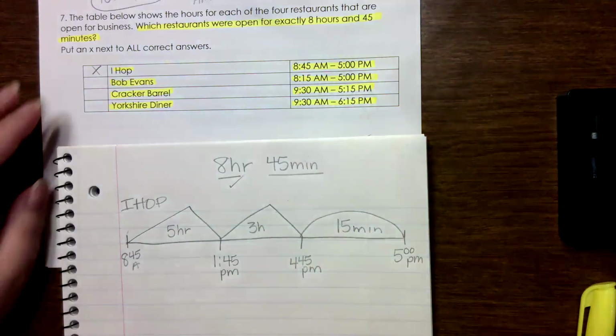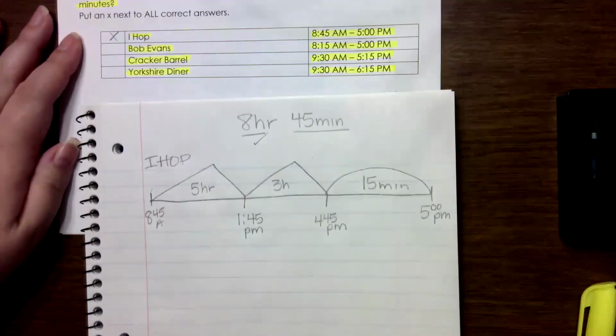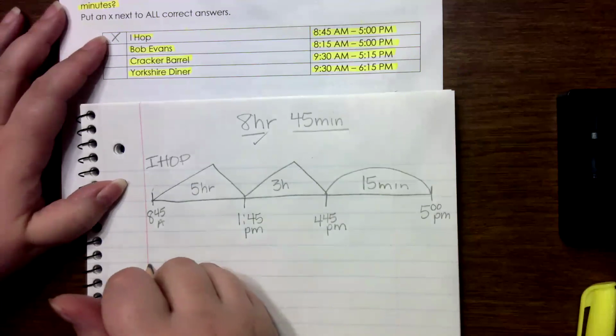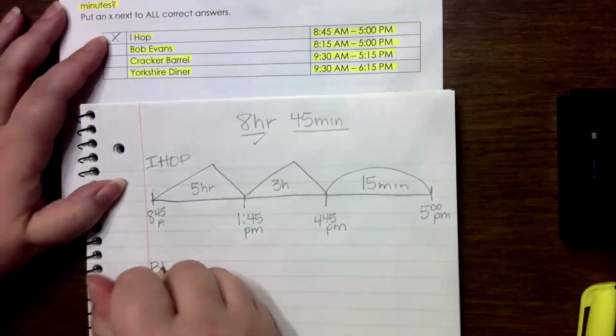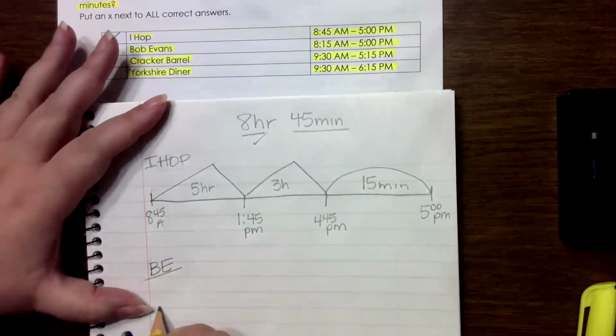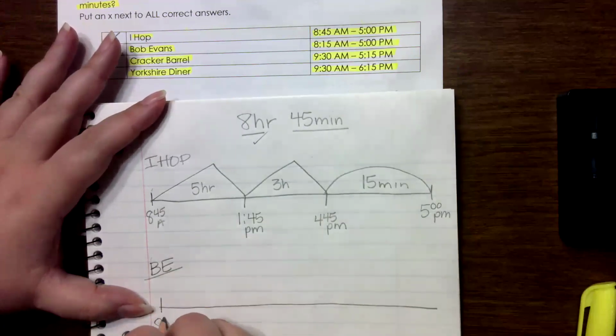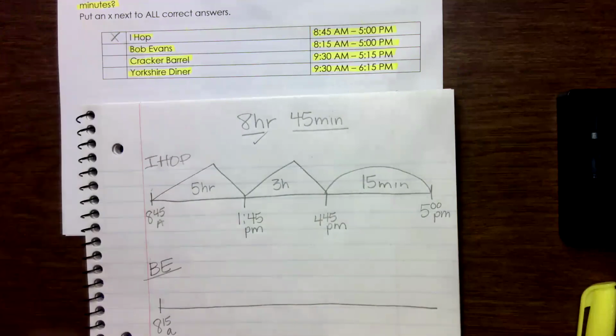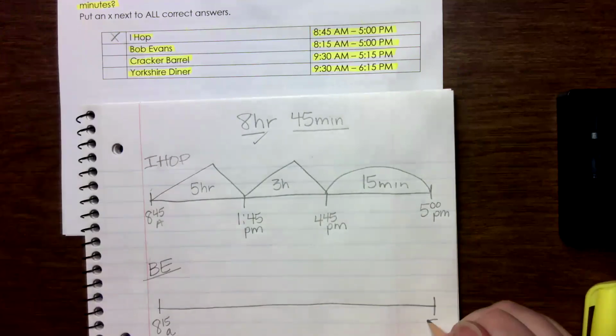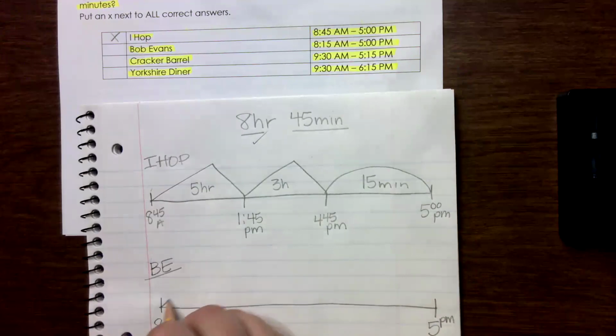All right, so now let's try Bob Evans. So we'll just go BE for Bob Evans. Bob Evans opens at 8:15 a.m. and closes at 5 p.m. So let's jump 5 hours.